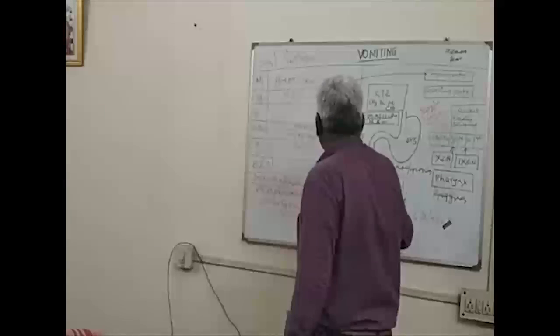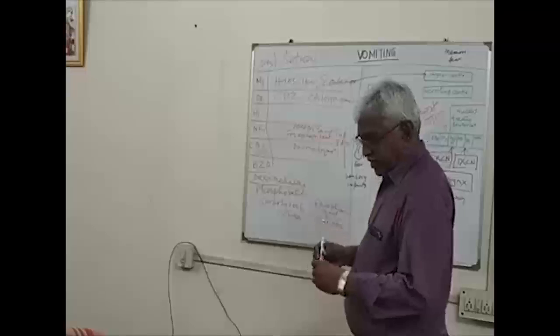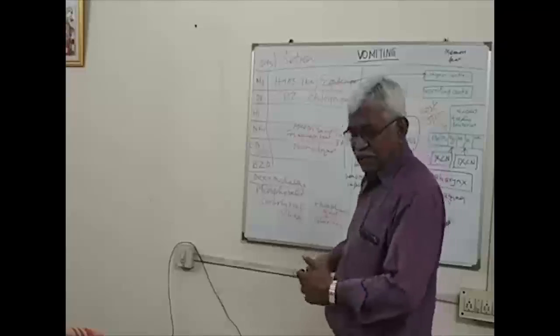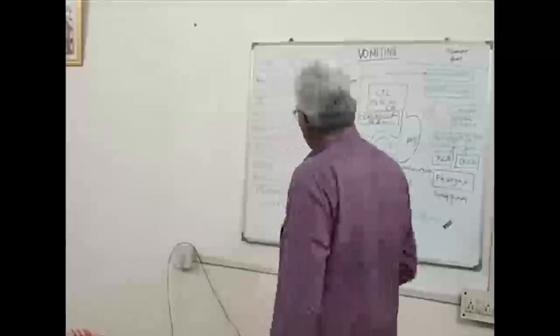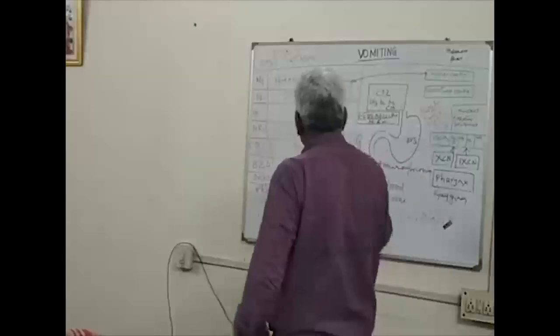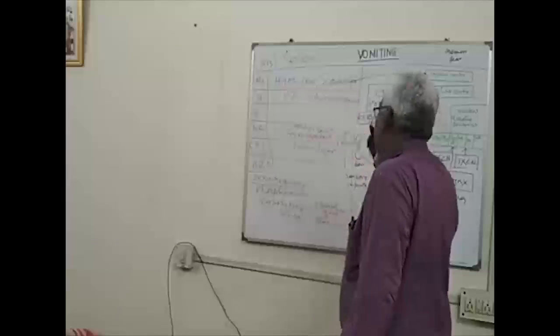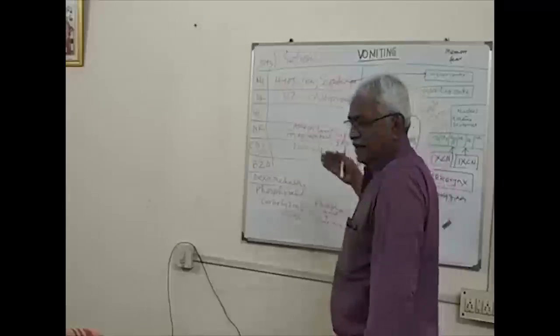Aprepitant and fosaprepitant are metabolized by CYP3A4. Therefore, other drugs which are metabolized through CYP3A4, like cisapride and others, should not be co-prescribed. Now, these two drugs are generally effective if the first line drugs are not effective in anti-cancer induced vomiting.